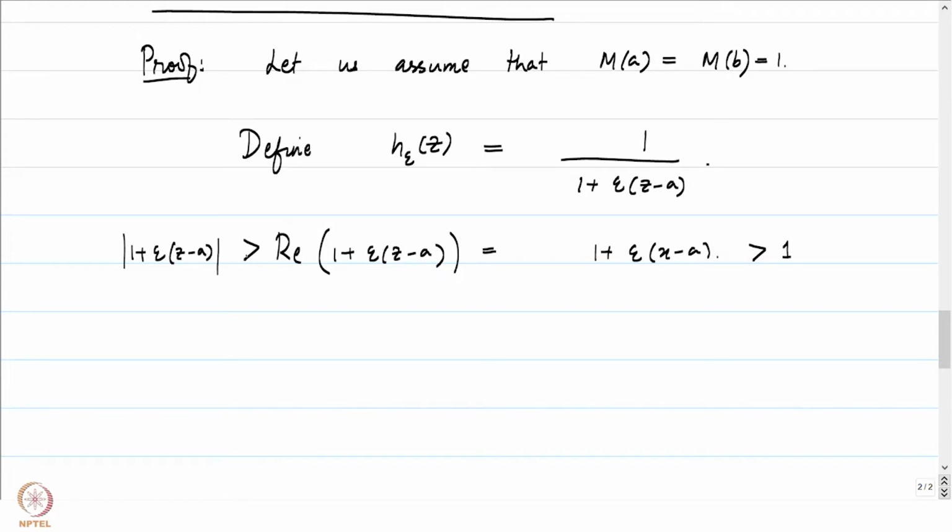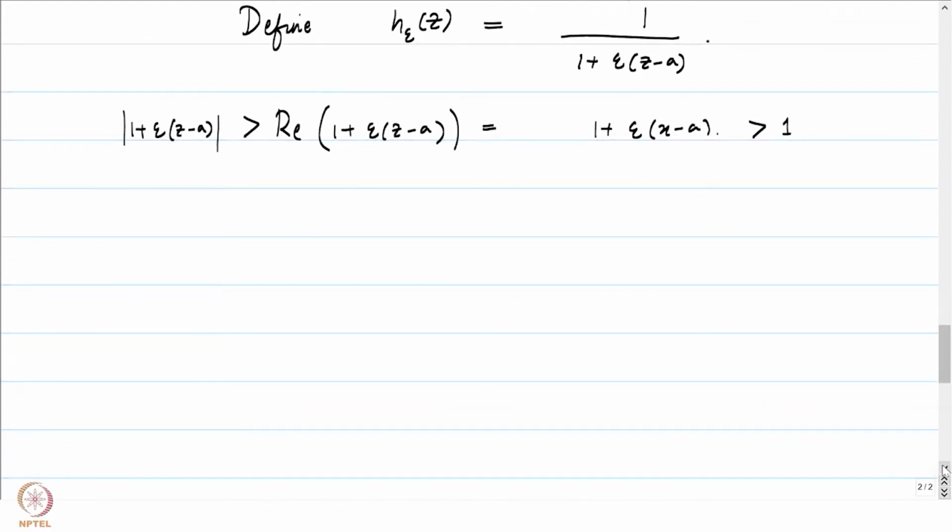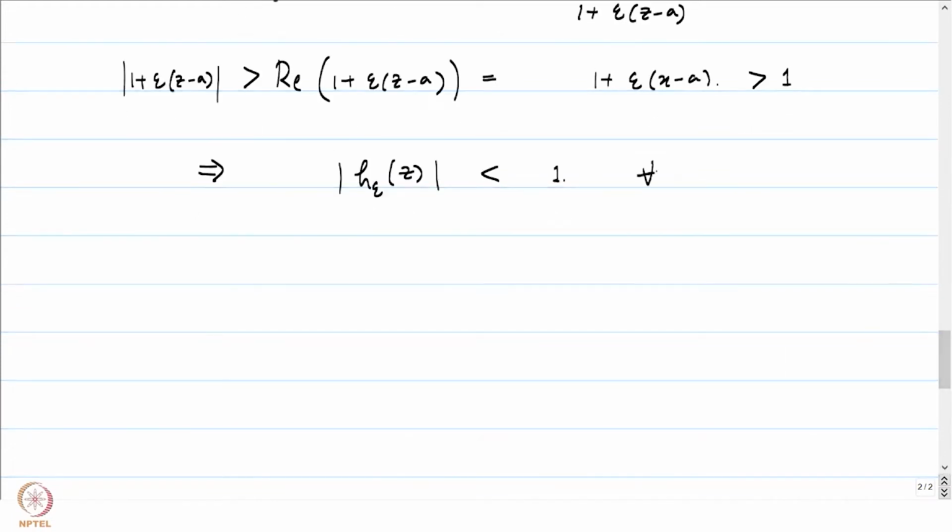This is just going to follow from the usual fact that mod z is greater than the absolute value of the real part of z. And therefore, this helps us in concluding that h epsilon of z is less than 1 by 1 plus epsilon times z minus a, which is less than 1. And this is true for all z in omega bar, in fact.